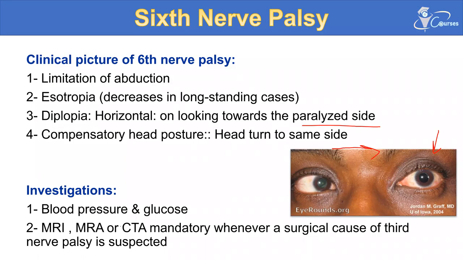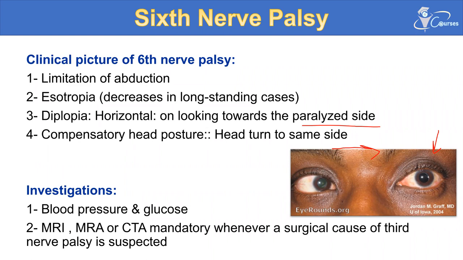So we check the patient's blood pressure and glucose, and we can wait for spontaneous resolution. However, if the patient has associated neurological deficit, or if the lesion is bilateral, or if there is headache or any other ocular cranial nerve palsy, we may think of another neurological cause. So we do MRI and neuroimaging.